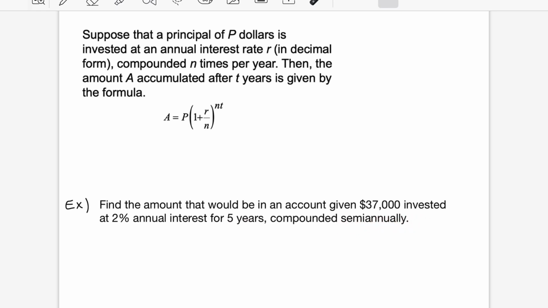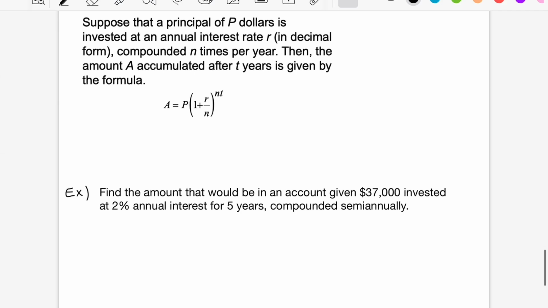So first, let's write down everything that we know. We're given $37,000, so this is going to be our principal. That's going to be P. We also know that we're at a 2% annual interest rate, and we know that our rate R wants to be in decimal form, so R is going to be 0.02.